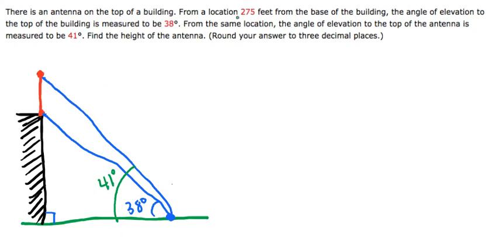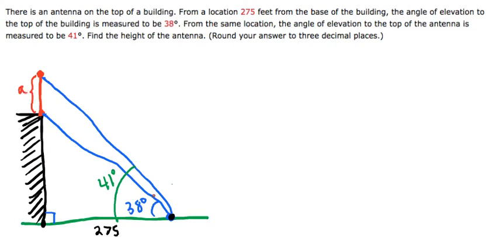Now, we know that the base of the building is 275 feet away from the person. So this side right here is 275. That's the distance from here to this person here. And we do not know the height of the building. The goal is to find the height of the antenna. So let's call this distance right here A for antenna.